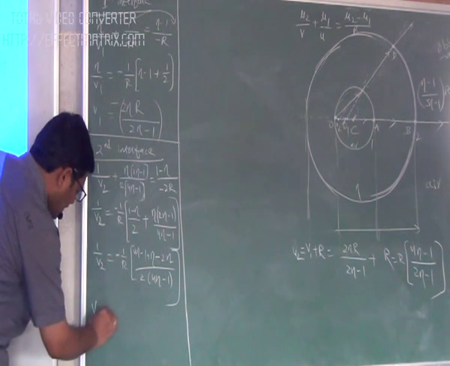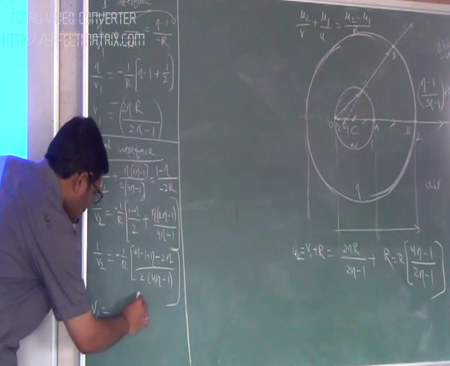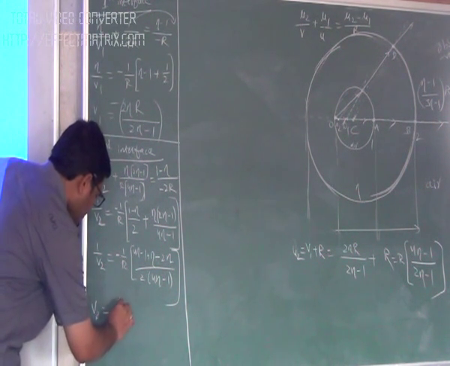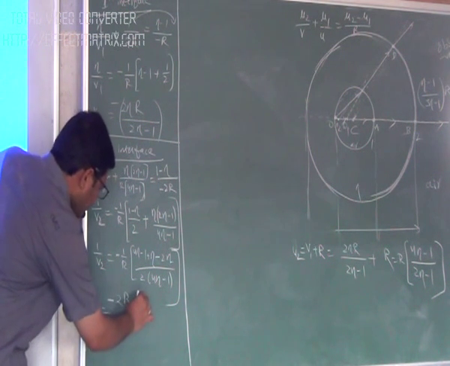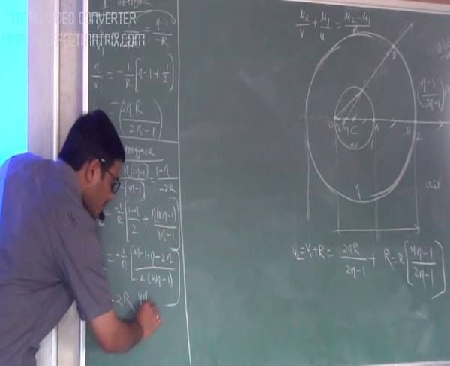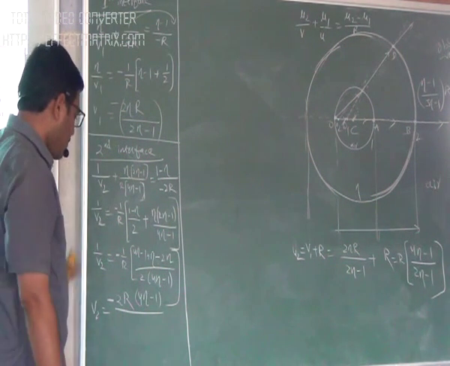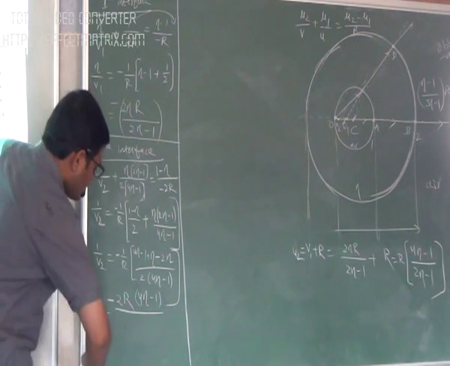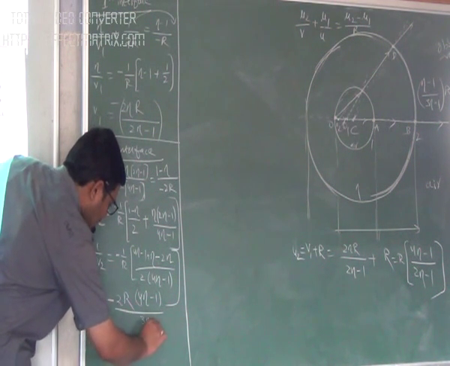From this V2, what can we understand? V2 is minus of 2R, 2R times (4 neta minus 1) upon (3 neta minus 1).